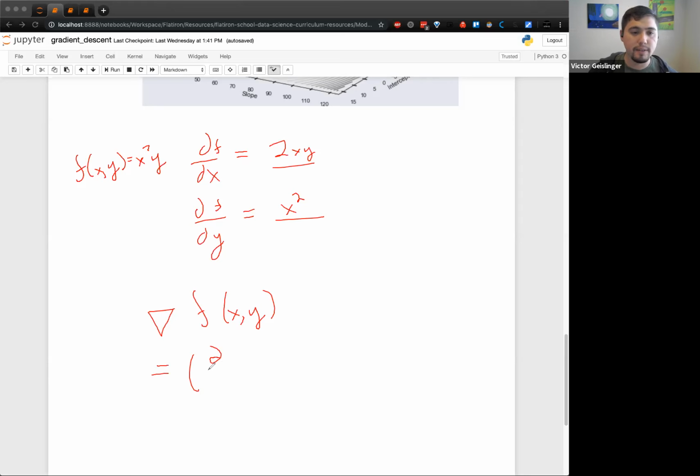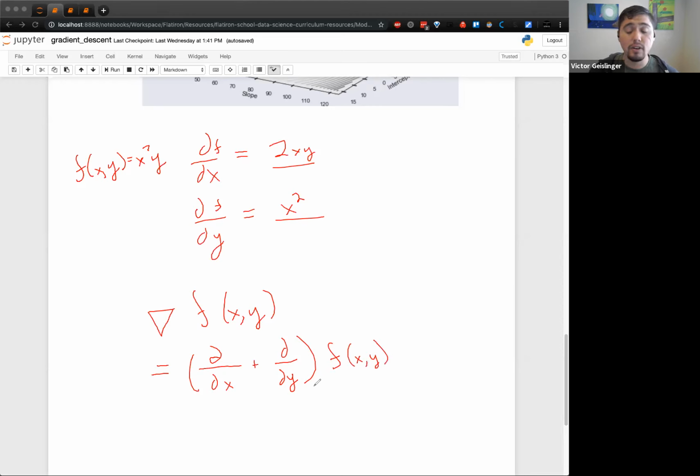Blame my physics background. It drives math people crazy, but it's pretty common. I think most math people are fine writing it like this. But this basically turns into an operator: the derivative with respect to x and the derivative with respect to y, the partials at least, applied to f of x, comma y.